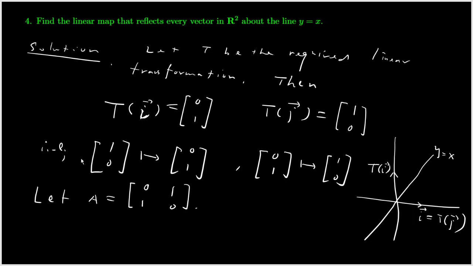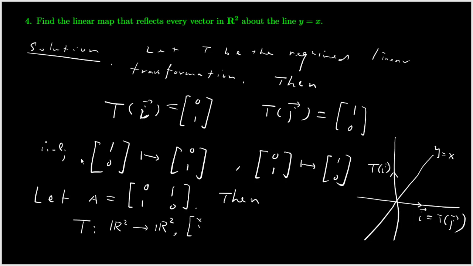We form a matrix A like that, and then A determines a linear map. According to the conclusion we have seen, the linear map T we are looking for is the linear map determined by the matrix A. It's from R2 to R2, of course, right? And I will write them in rows.